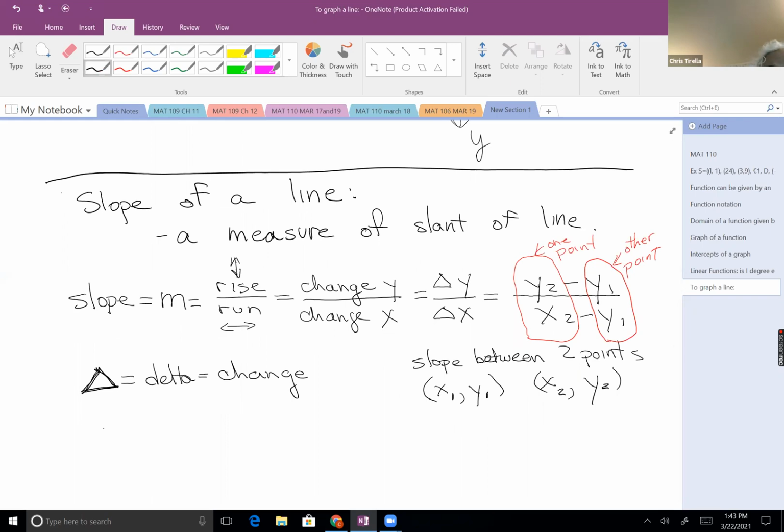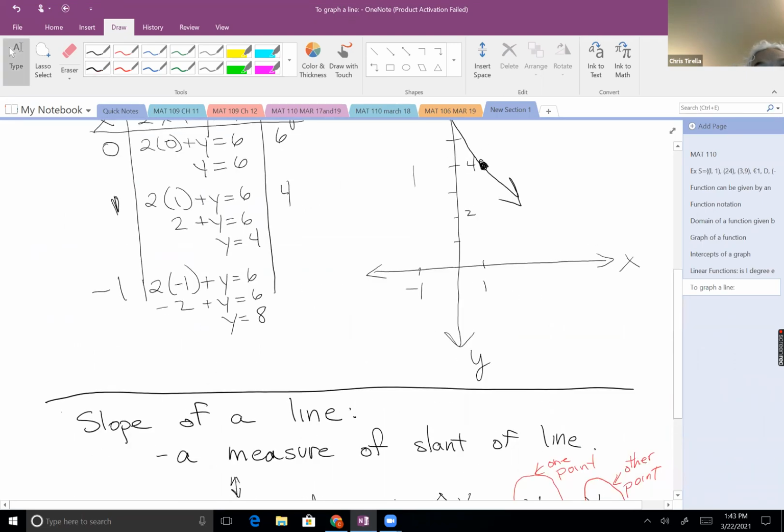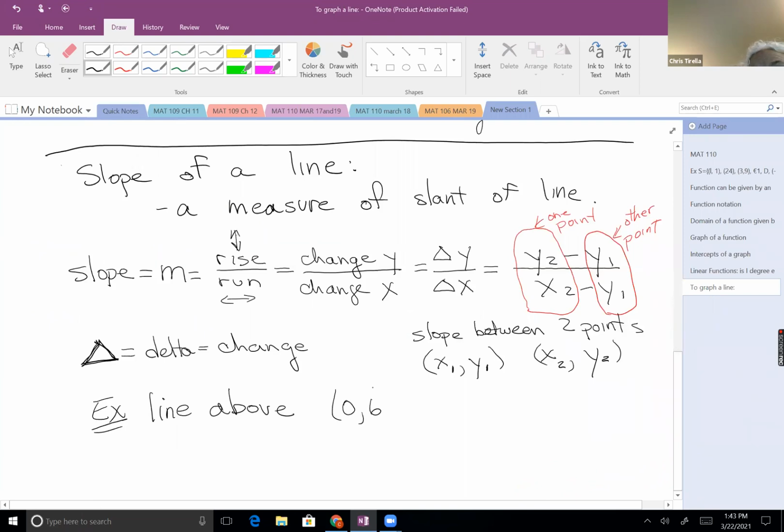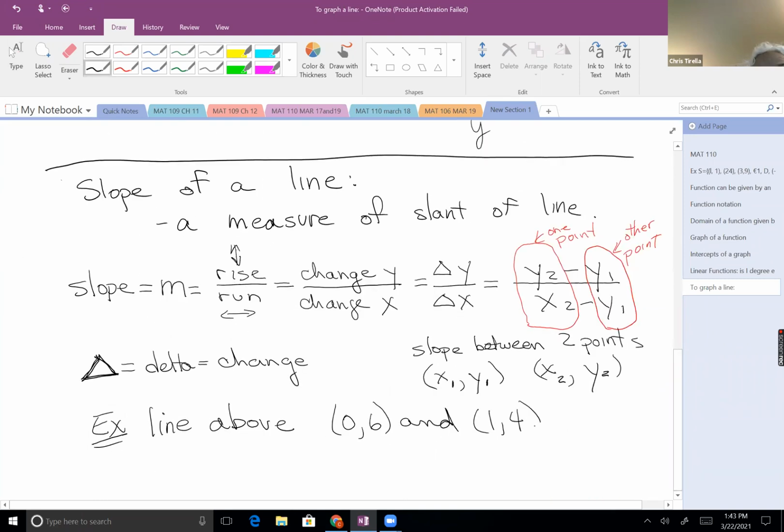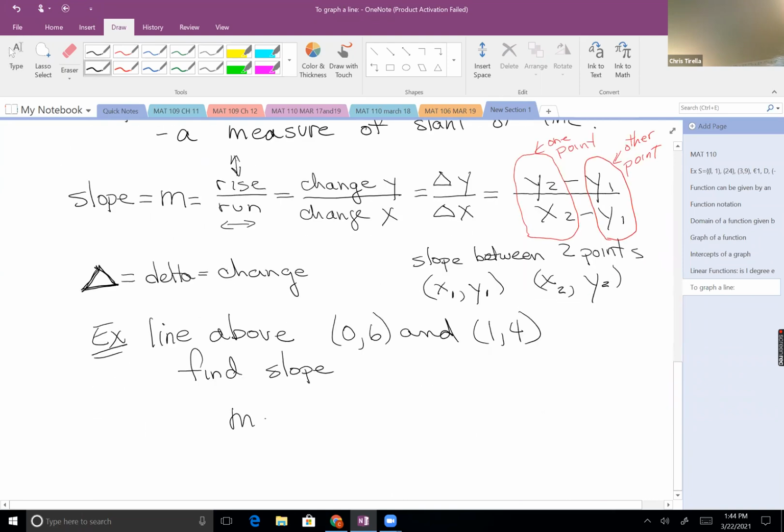And so let's say, for example, in the line above that we just graphed, I think 2 points that we had were (0, 6). And the other point that we had was (1, 4). If I want to find the slope between them, my slope formula is the difference in the y's over the difference in the x's.